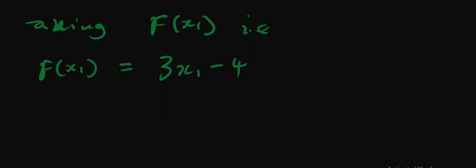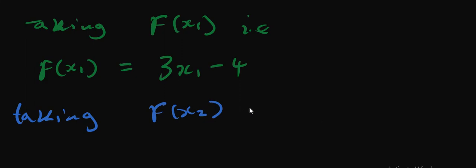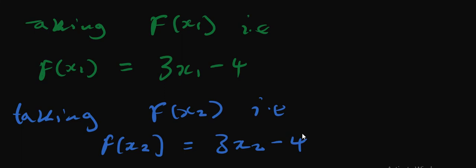So you write that. And then you say taking f of x2, such that f of x2 should be equal to 3x2 minus 4.